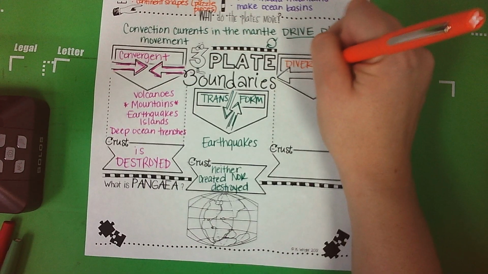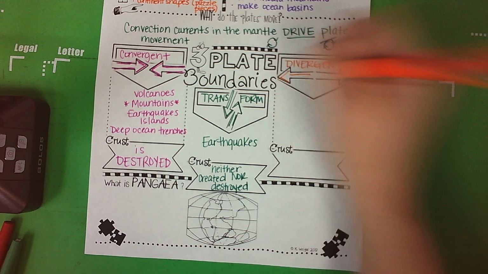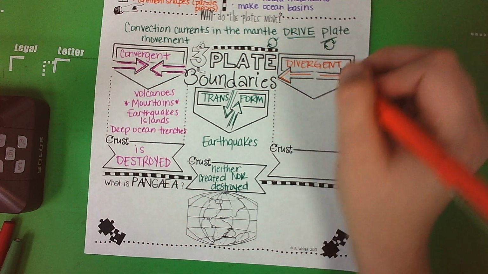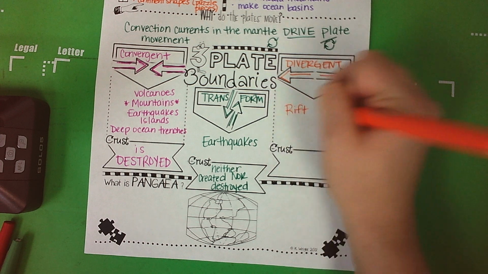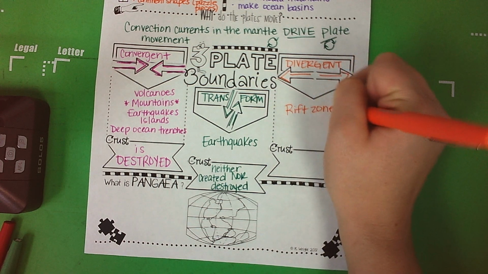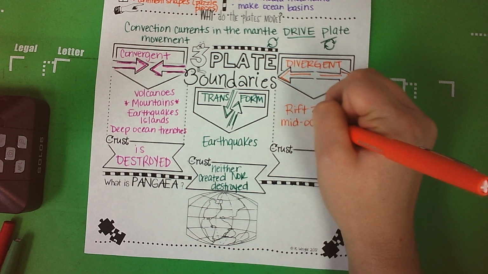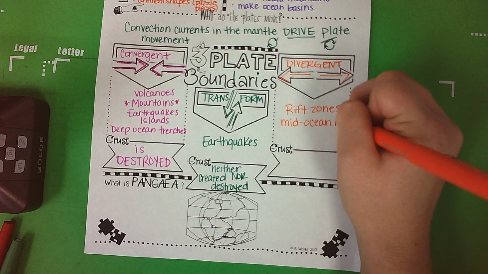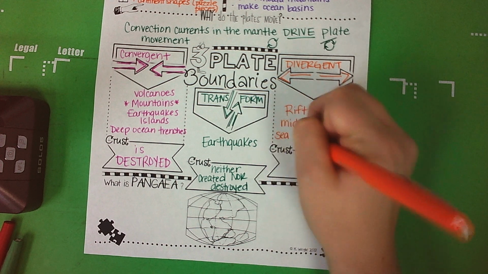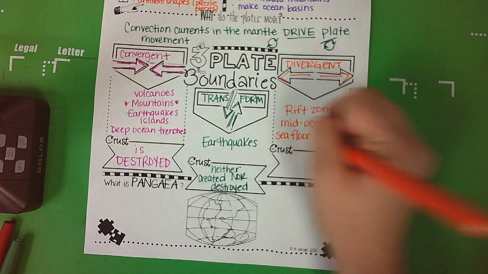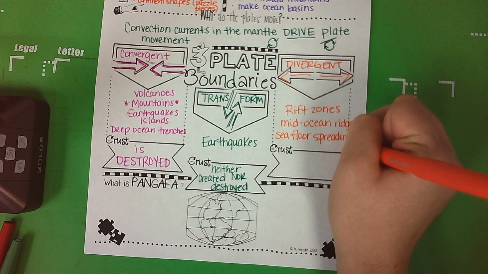All right. So on to our third boundary, divergent. Notice that they are going away from each other. They're not mad at each other. They're just moving in different directions. Okay. So you can have a rift zone, you can have mid-ocean ridges, and this is where we see a lot of sea floor spreading. Think about it.